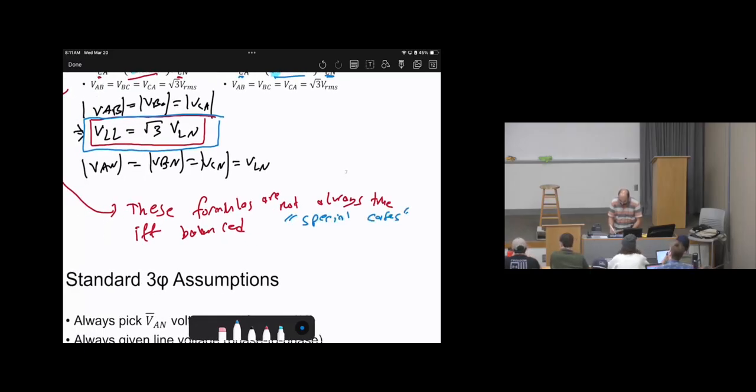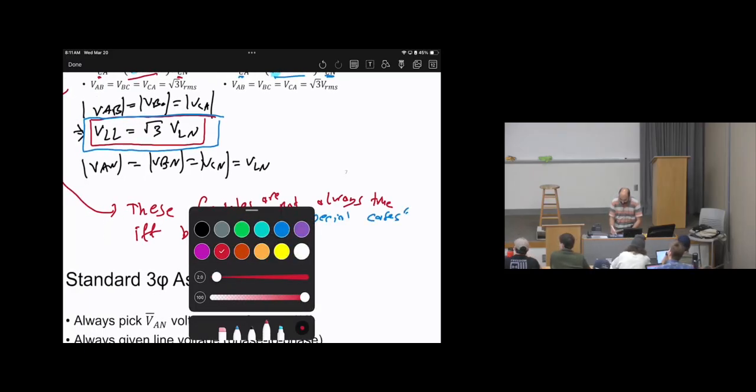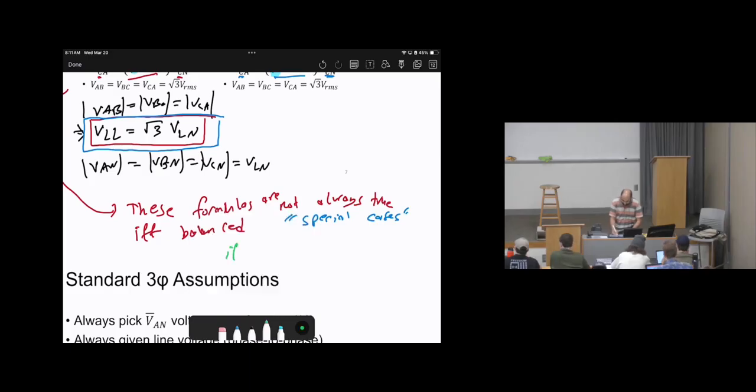Then again, it's very important. If the system is unbalanced, don't use those. So what should I do? Use the general formula.